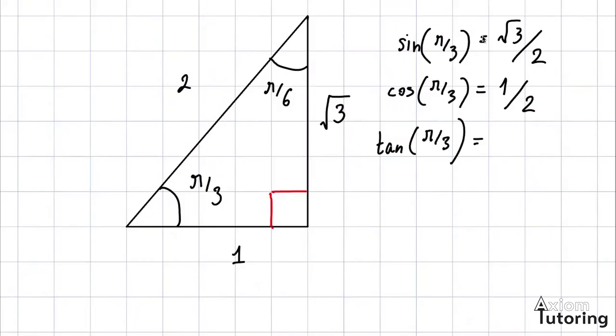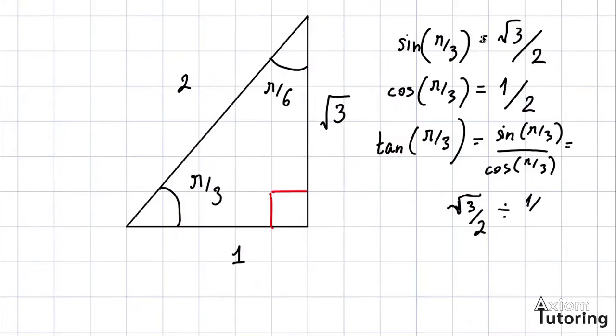Let's do tan pi over 3 is the same as sine pi over 3 over cos pi over 3. That's going to be equal to root 3 over 2 divided by 1 over 2. That's just root 3. Okay, so tan pi over 3 is root 3.